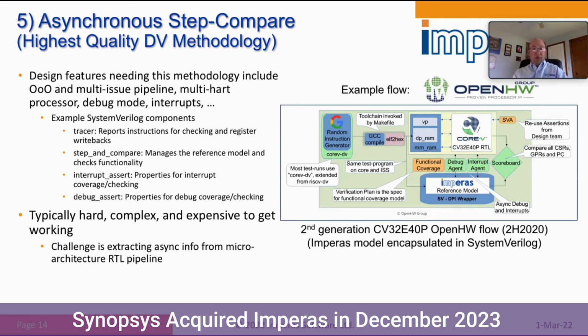There are some key components here, such as the tracer that goes with the RTL, the step and compare modules that are actually doing the control work in the test bench. There's interrupt assert, debug assert. This can be hard and complex and expensive to get working. And the challenge is extracting the asynchronous information from the microarchitecture of the RTL pipeline. That can be a challenging thing.